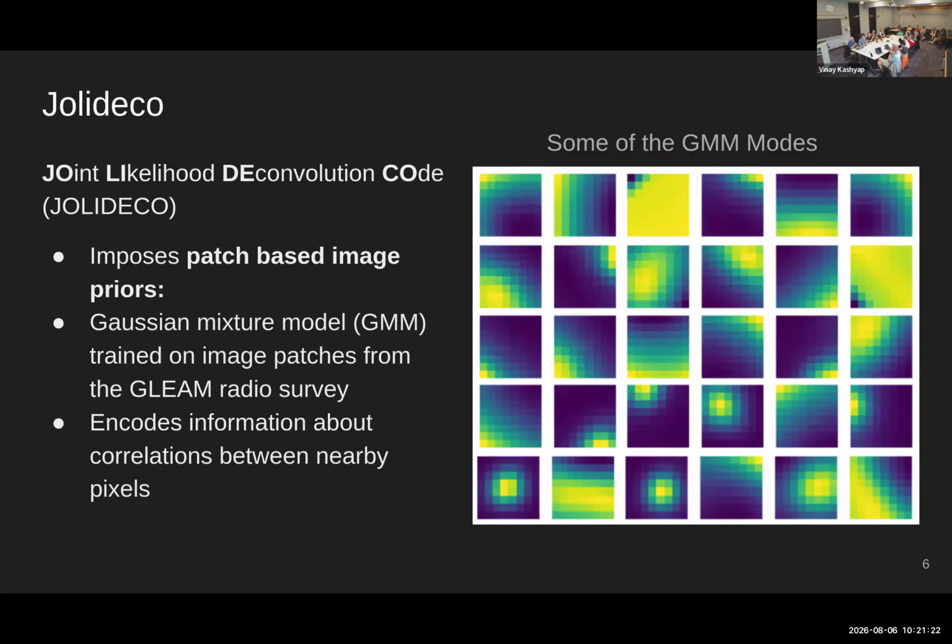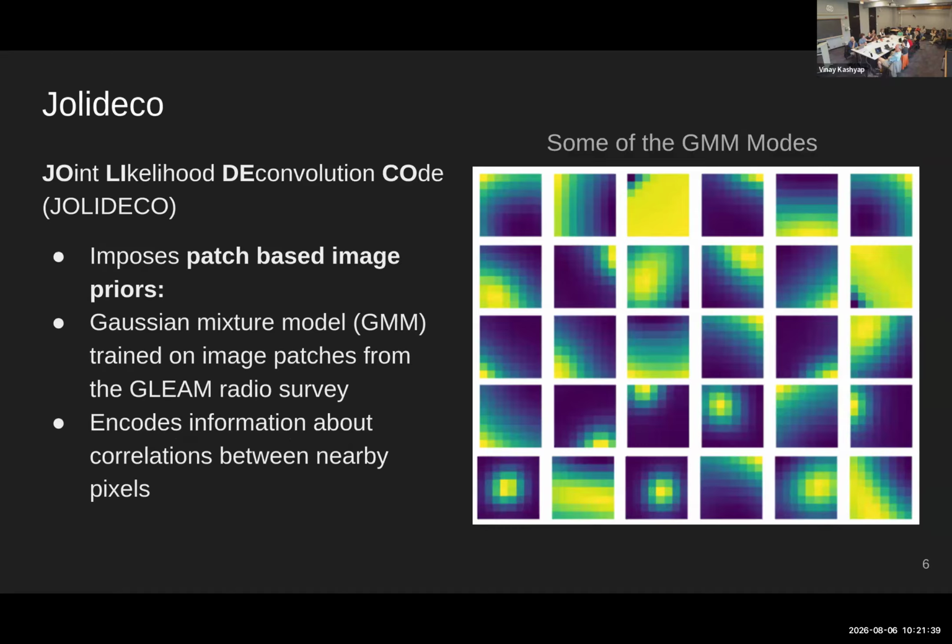And so insert Jolly Deco. Jolly Deco adds a patch-based image prior to essentially tell the model that there are local correlations between nearby pixels.